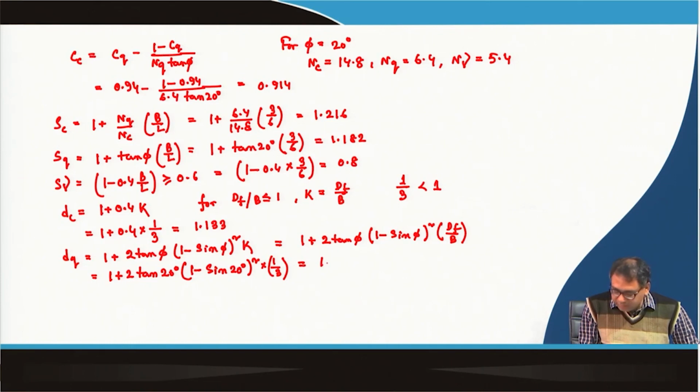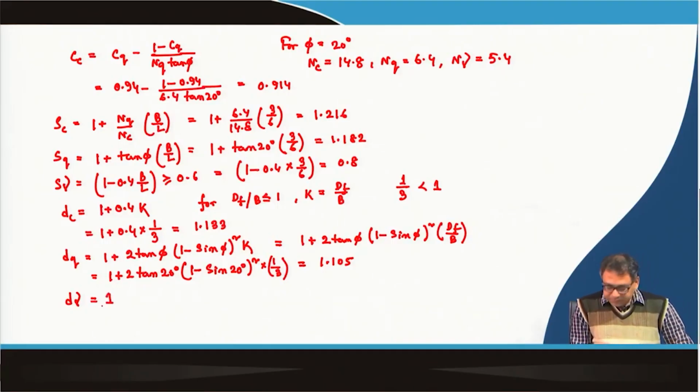So, this is 1.105. Okay. And we know that d gamma is equal to 1 for all the cases.